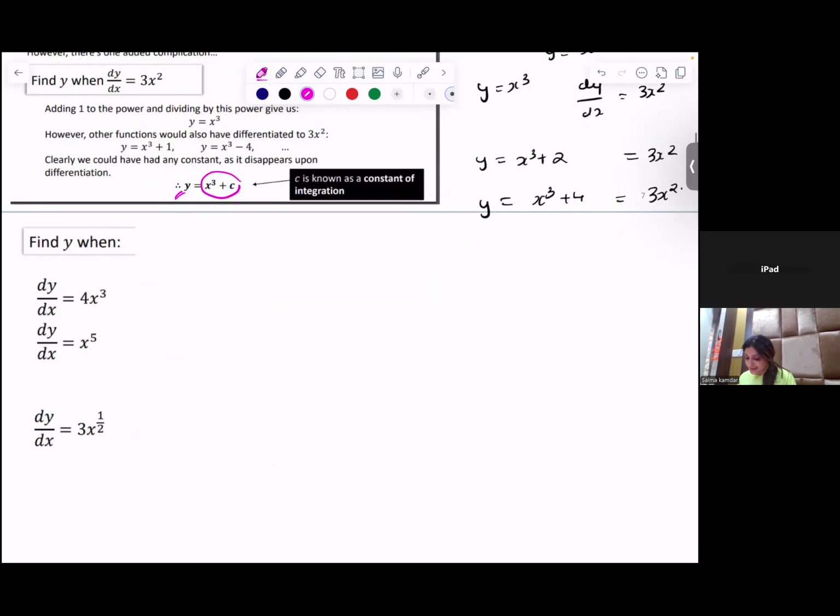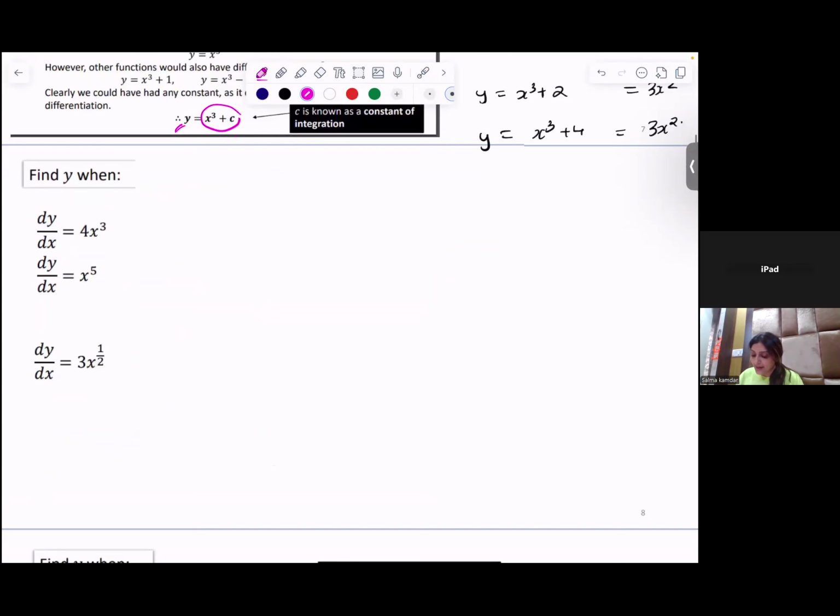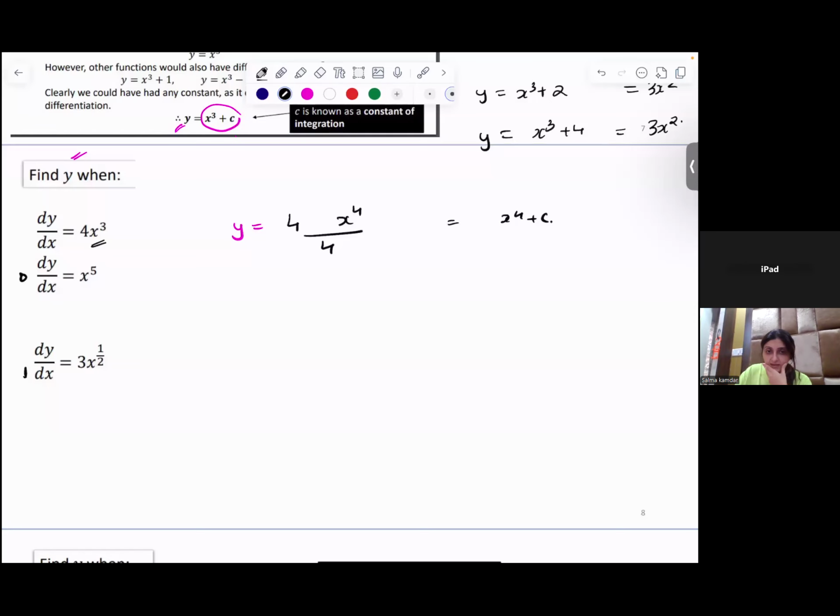Let's take this with an example. I have to find y. So y is equal to, I have x cubed over here, add 1 to the power, divide by the new power. So it is going to become x to the 4 plus c. You could try these two for yourself. So let's do this alongside.